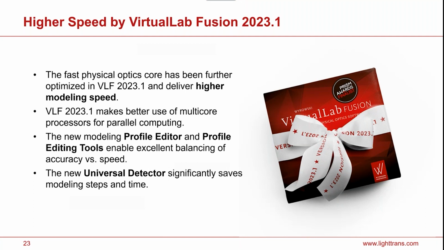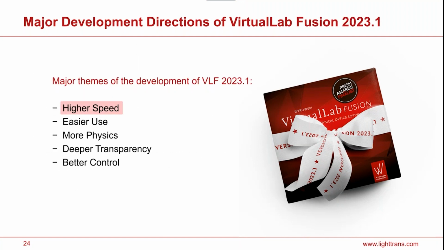That in particular is related to the magnitude of diffraction effects you would like to include in the modeling, which has quite an important effect on the speed. And as I already mentioned, the tunable detector is a significant step to increase the modeling speed by just saving modeling steps and time. So that is the overview about the speed. I'll give you some benchmark tests soon.